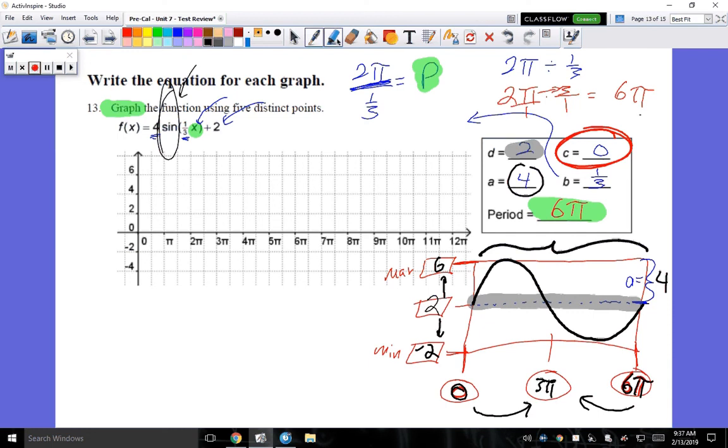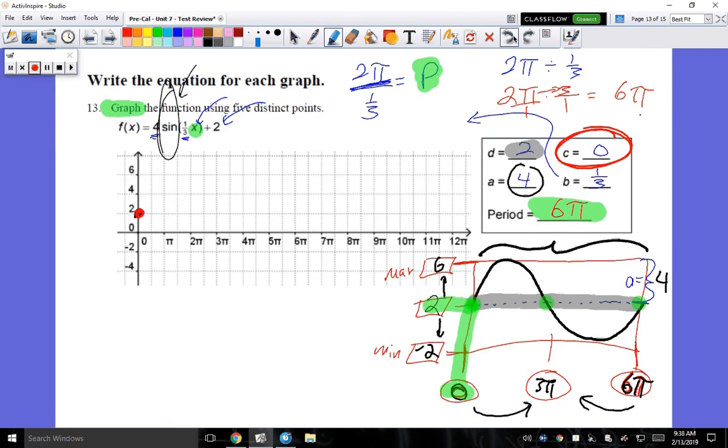So now I can graph 3 points. 1, 2, 3. So I'm going to graph (0, 2). And then I'm going to graph (3 pi, 2). So (3 pi, 2) is going to be here. And last but not least, I'm going to grab this 6 pi, and it's going to be 2 as well.